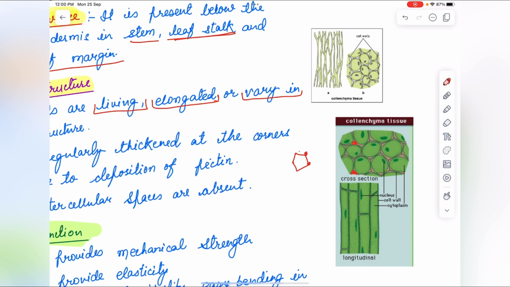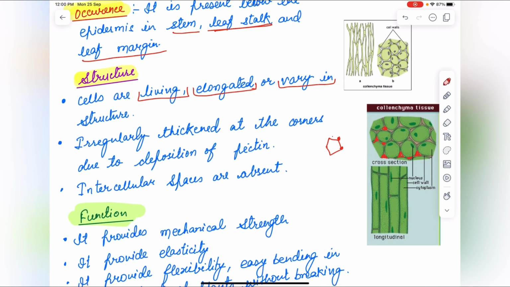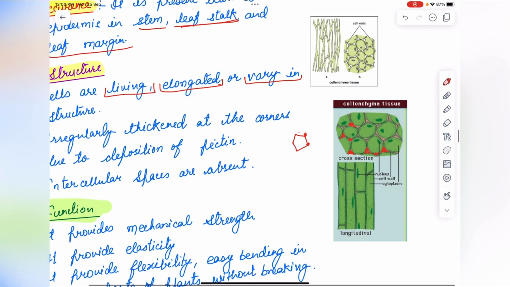Here you can see at this corner it will be thickened due to the deposition of pectin, which is deposited on the cell wall. Intercellular spaces are absent, so you can see there will be no spaces present between the cells here because the cell wall is thick.